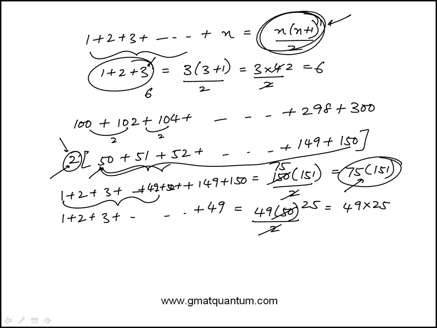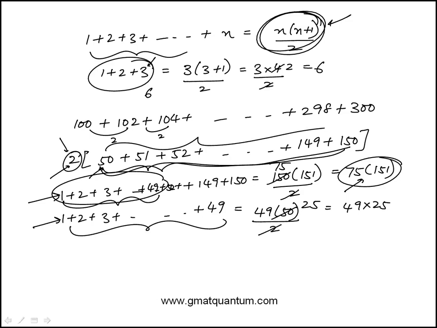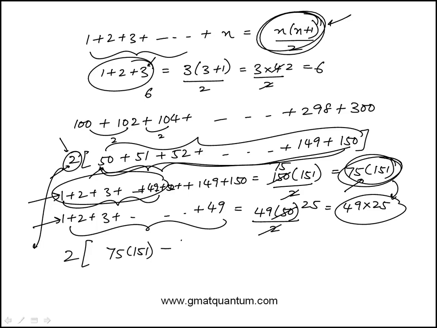Now, the sum we need would be this first sum minus that, because I'm taking out the terms 1 through 49, and I'd be left with that. So our original sum, we still have the 2 outside, is 2 times the difference. So 75 times 151 minus 49 times 25.